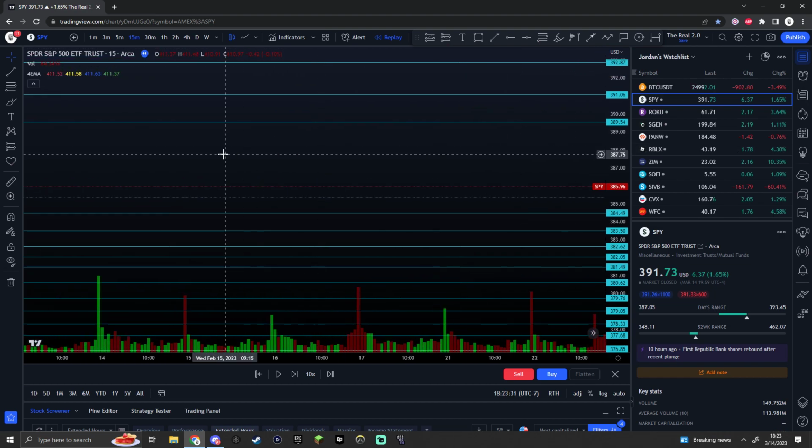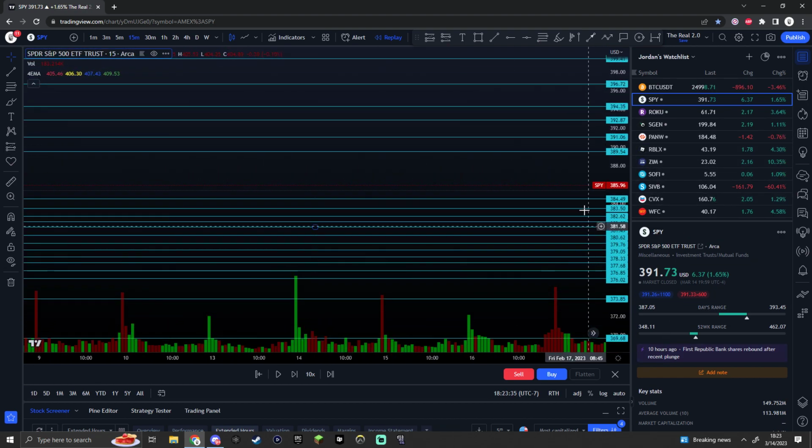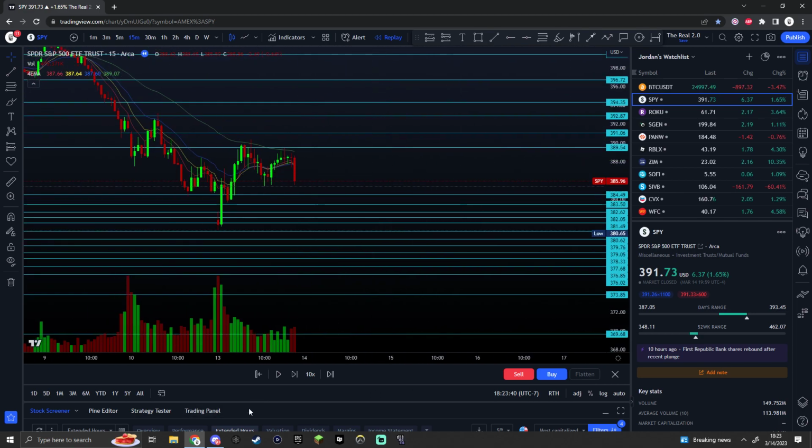Let's scroll. Let's see. Then I'm going to show how to use it in real time. So, I'm actually gonna use this one, as this one can be a key level as well.